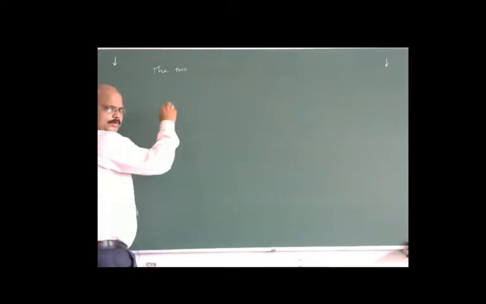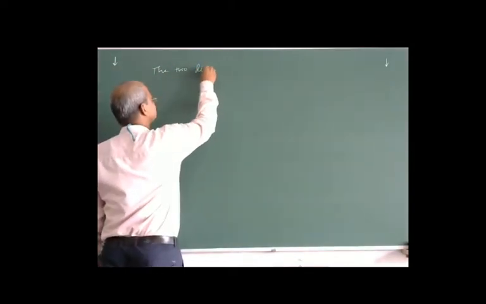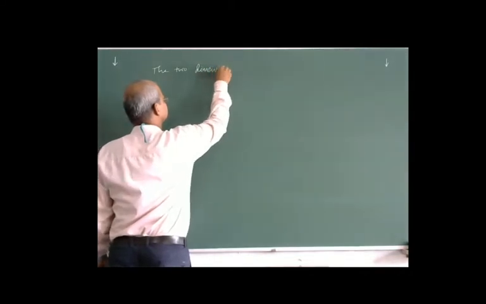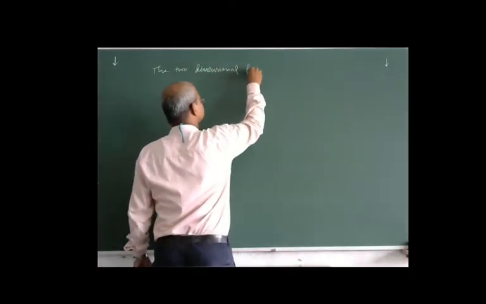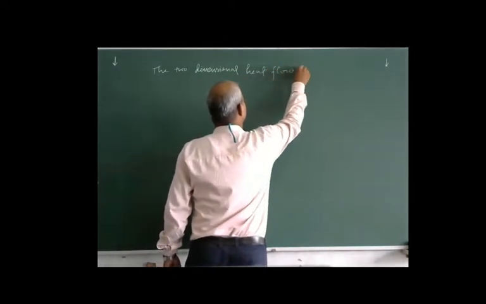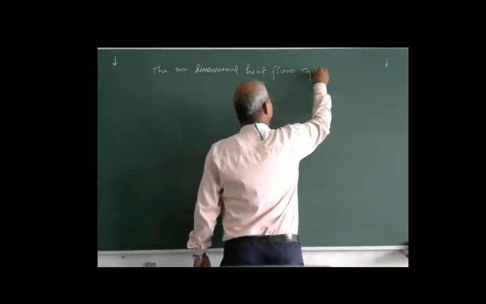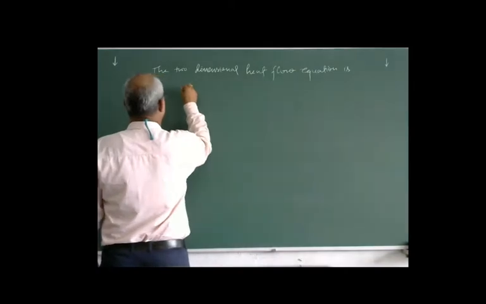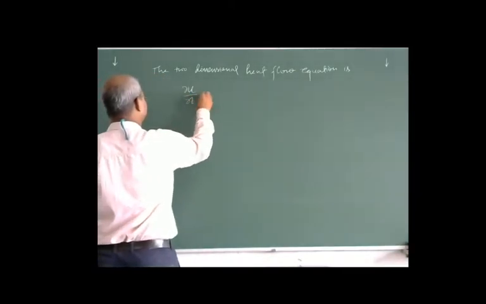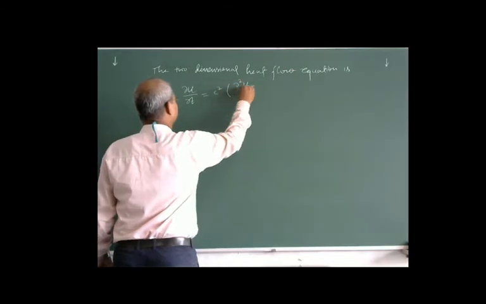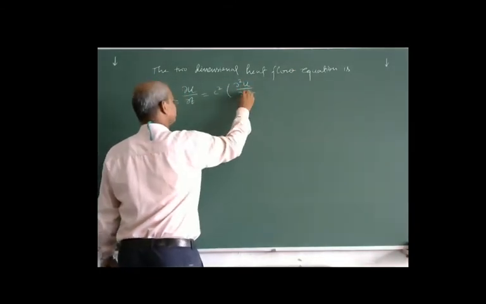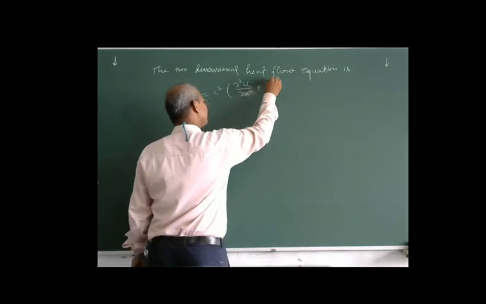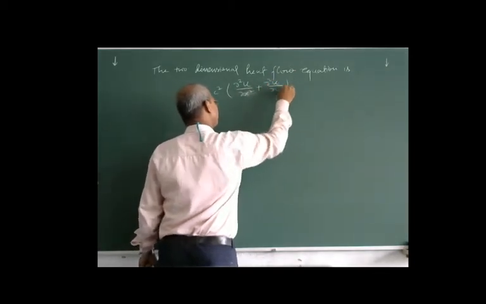As you know, the two-dimensional heat flow equation is del u by del t is equal to c square del 2u upon del x square plus del 2u upon del y square.